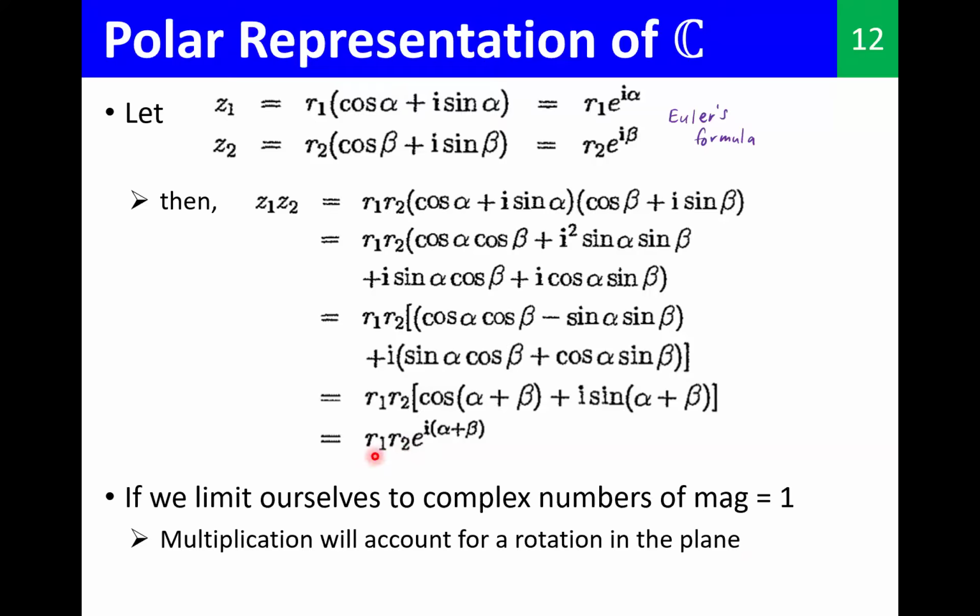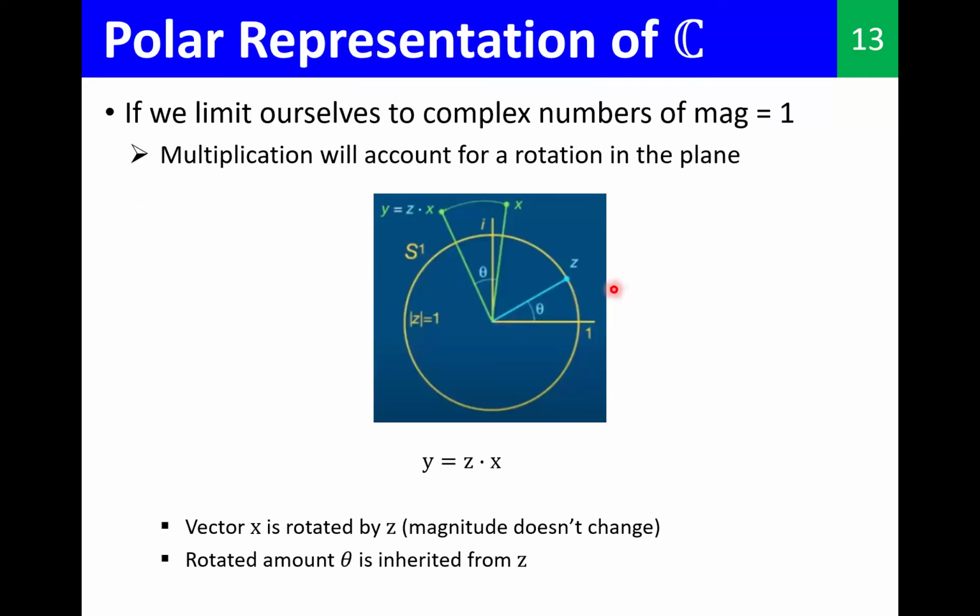So you can see these two guys are 1, and if we have a certain complex number, and if you multiply it with another complex number having a magnitude of 1, it's like that complex number is rotated by the angles given, right? So here you can see it clearly.